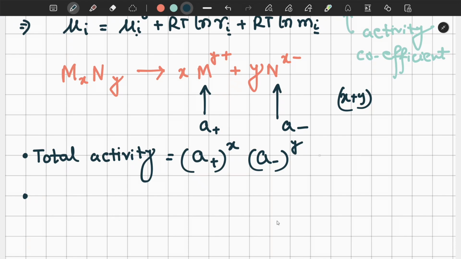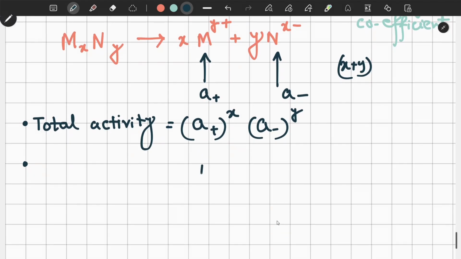Average activity means, let's say there are 10 cations with activity 5, so it will be 5 to the power 10, and 10 anions with activity of, again, 5 to the power 10.